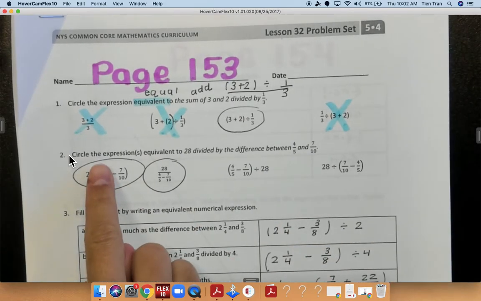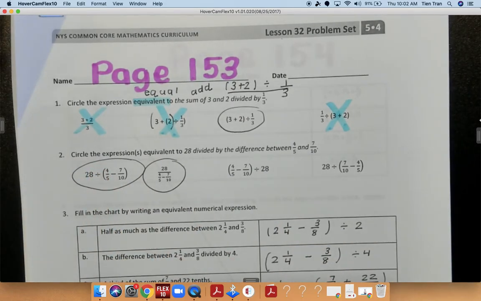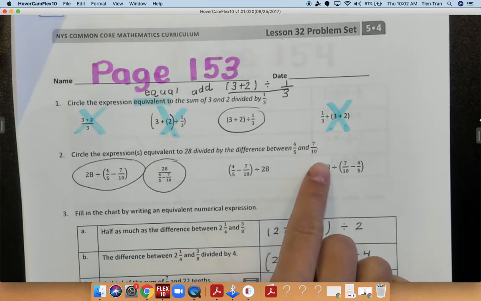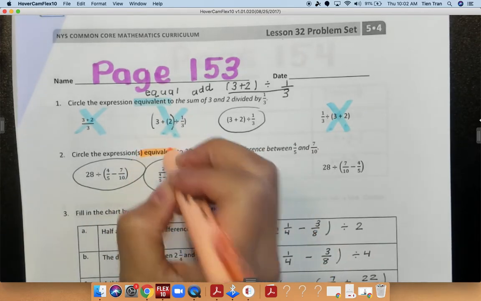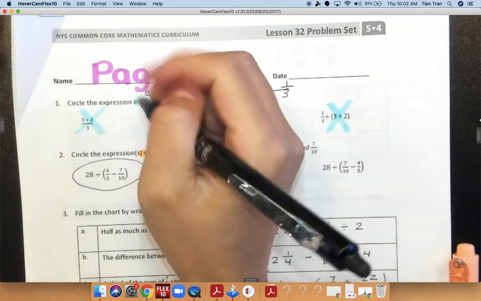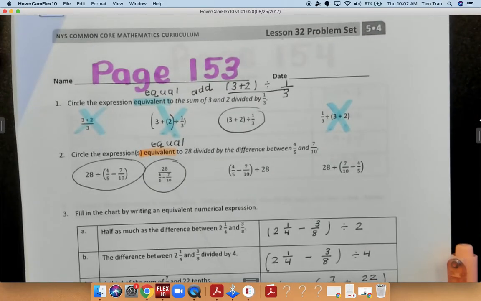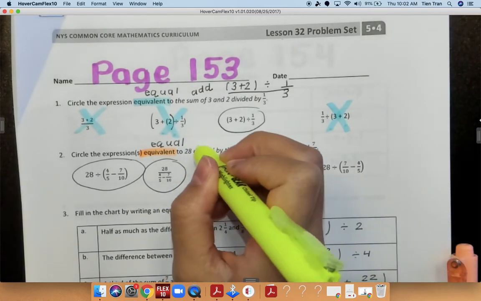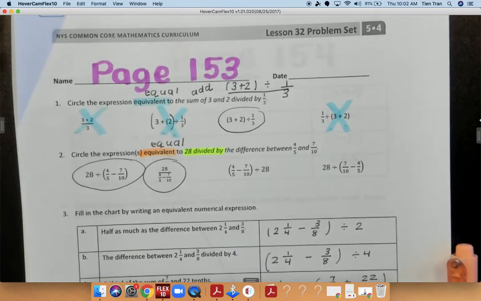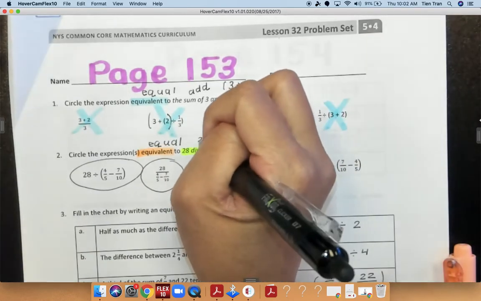Now for number 2, they ask you to circle the expressions equivalent to 28 divided by the difference between 4/5 and 7/10. Again, they have the word equivalent, and equivalent means equal. They're looking for an expression that is equal to. So we have 28 divided by the difference, 28 divided by.